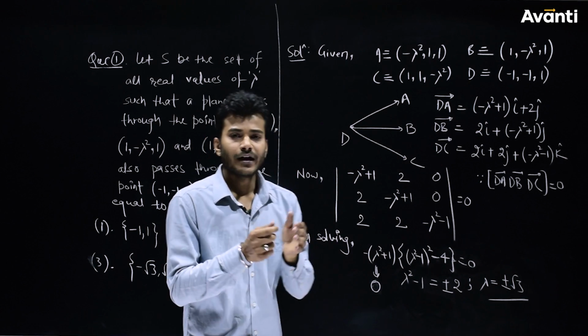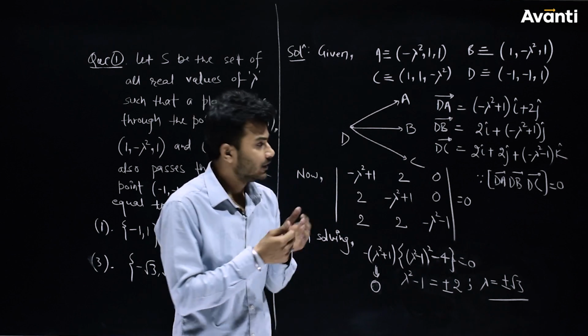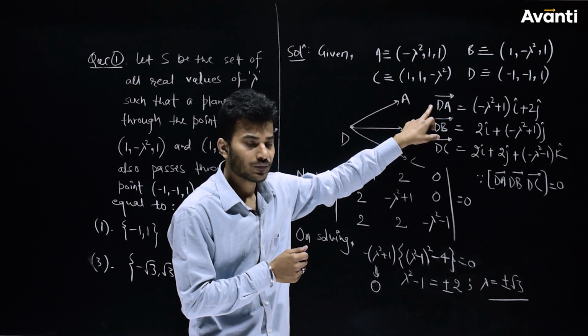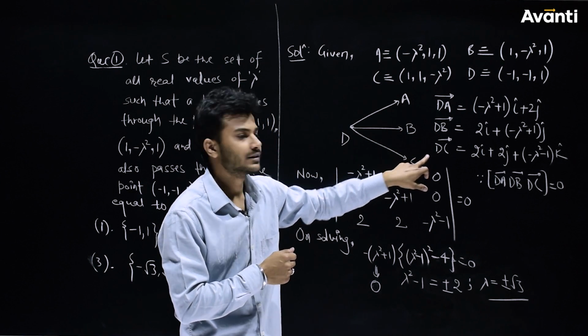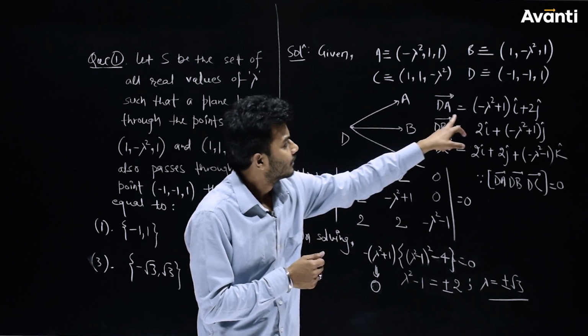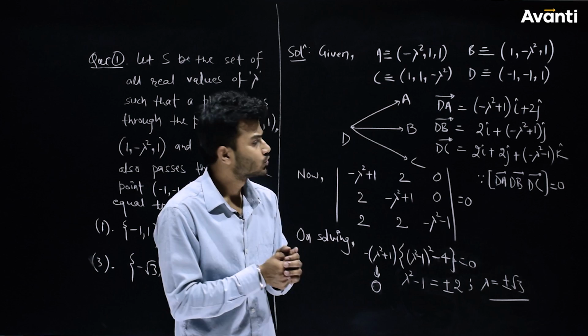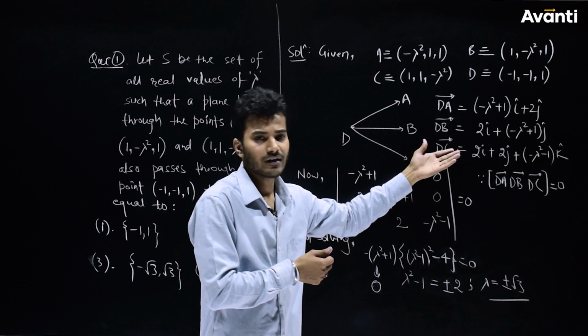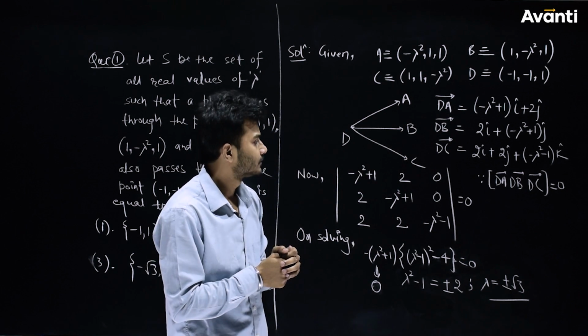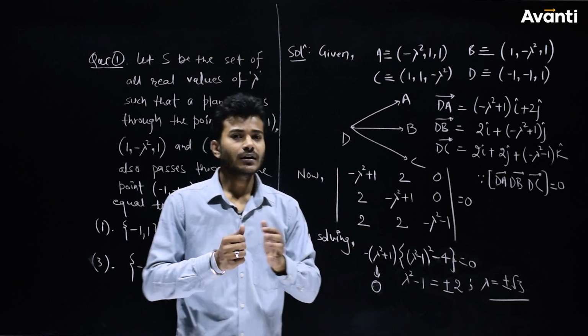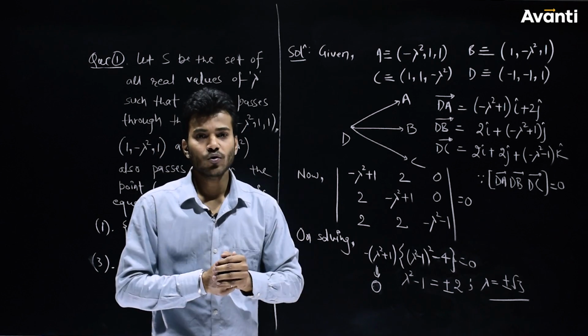Now we can find any 3 vectors. Here we have considered the dA vector, dB vector and dC vector. The dA vector we have is -(lambda square plus 1) i cap plus 2 j cap, and so on, and so we get the dB vector and dC vector. Now my dear student, these 3 vectors are coplanar.